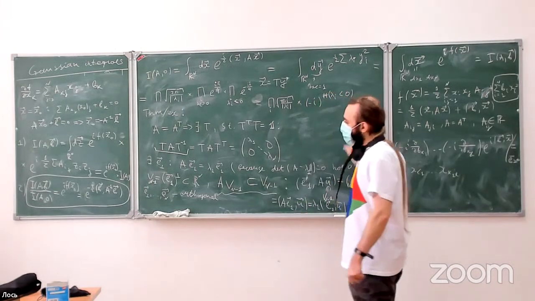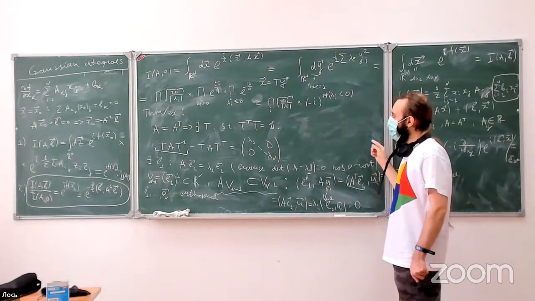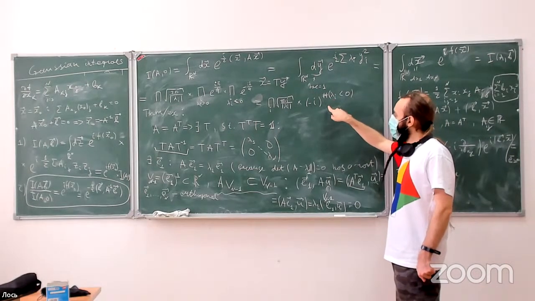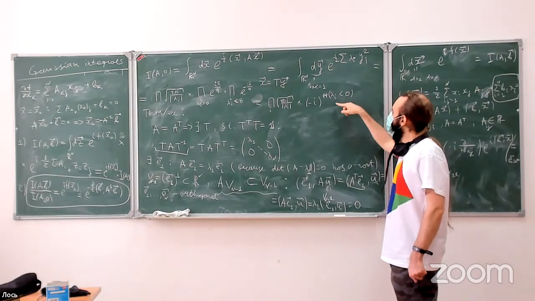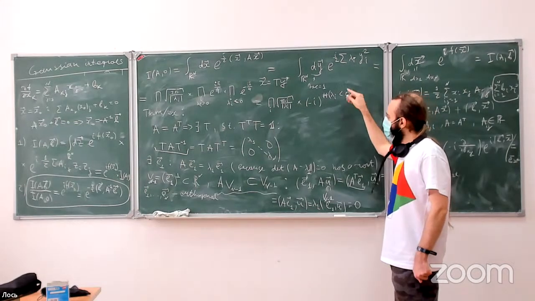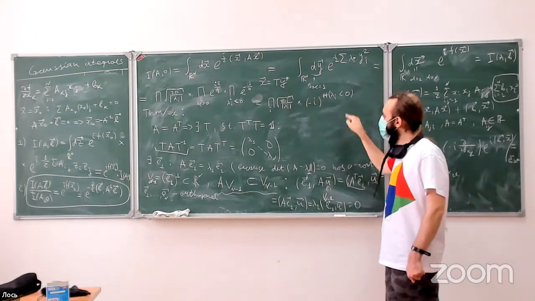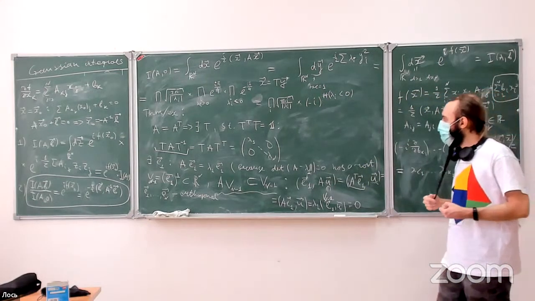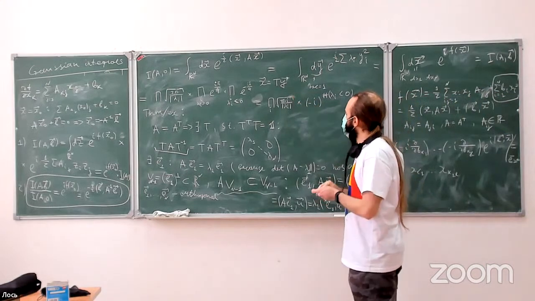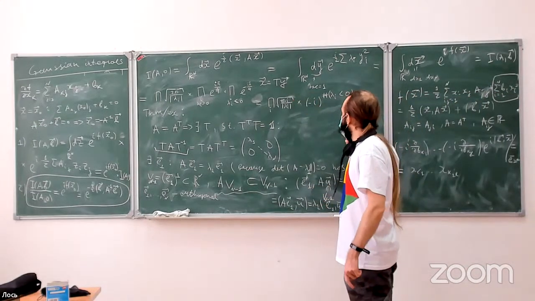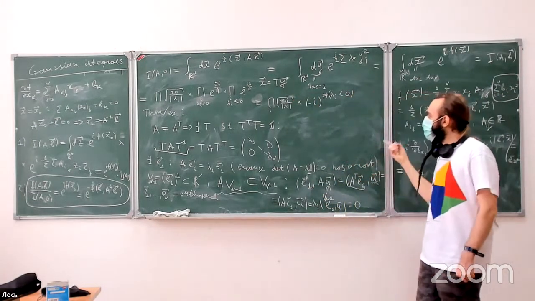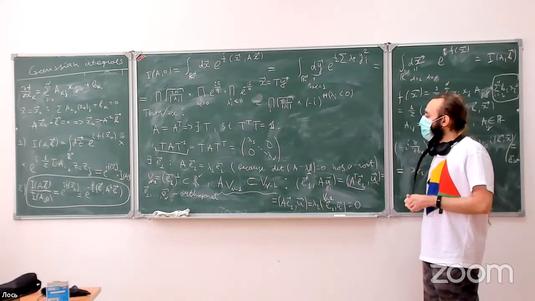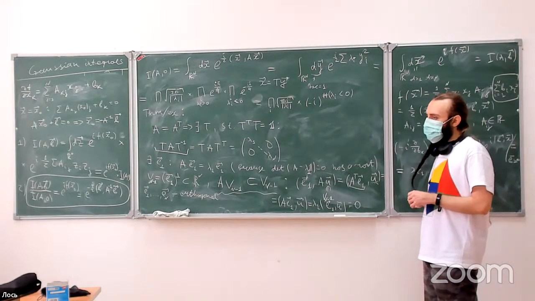I don't remember, it's called the Morse index of this saddle point. And so it happens in some problems, such an example where this is the case, when almost all numbers are positive and some of them are negative.